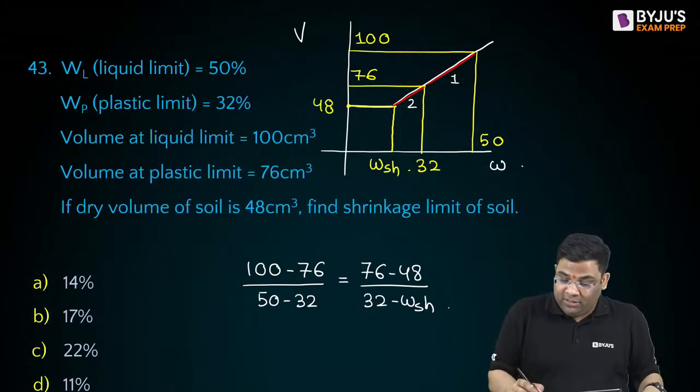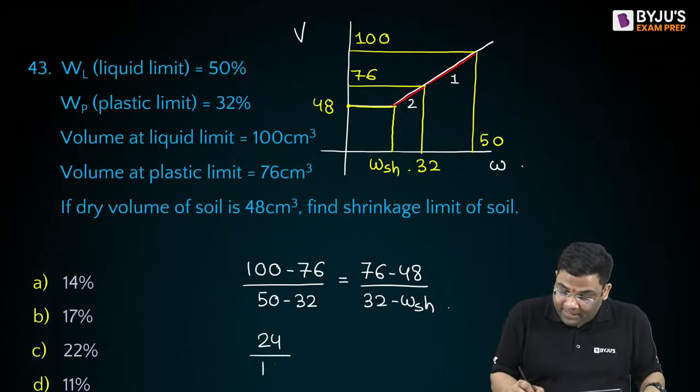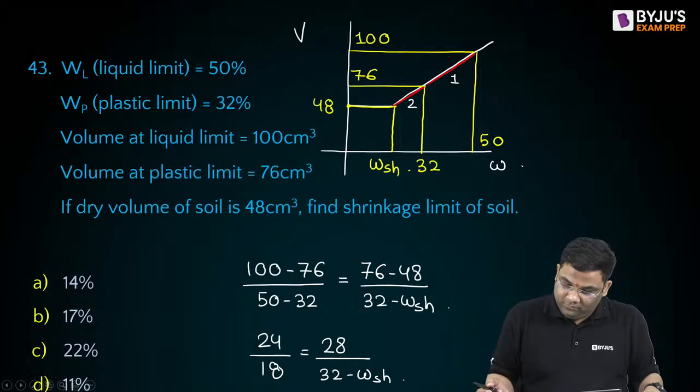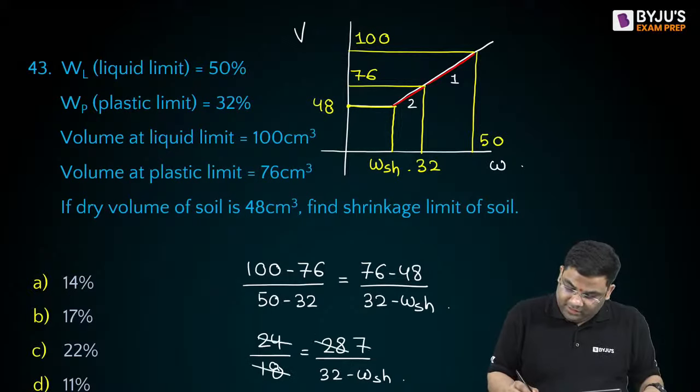Very straightforward question. This is 24 by 18 is equal to 28 by this. So this is 7, this is 6, this is 3, this is 11.